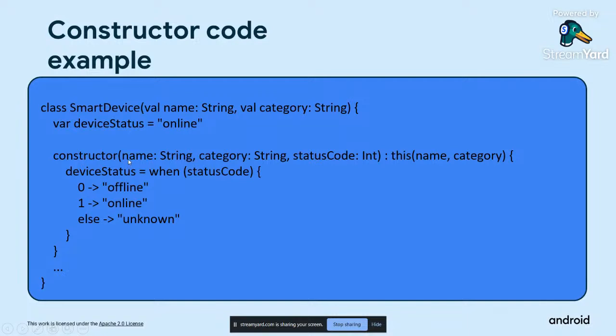Then here is our secondary constructor in which we have passed the parameters, and then we are initializing it with our primary constructor using the this keyword, and here we are passing the parameters of the primary constructor. So this is our primary constructor, this is our secondary constructor, and this is our initialization of the primary constructor for the secondary constructor. I hope it is clear. It is a bit complex, but if we see it again and again, it will become clearer.